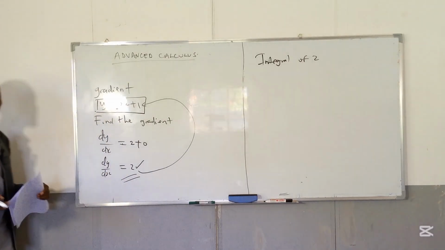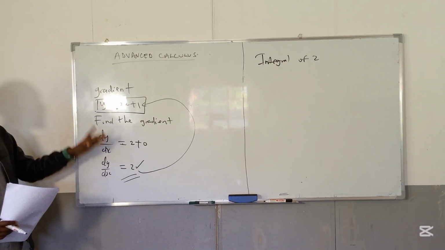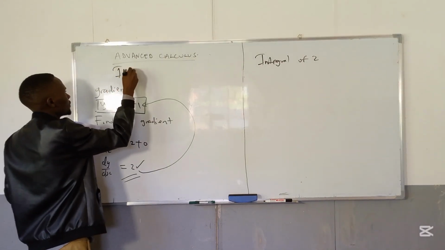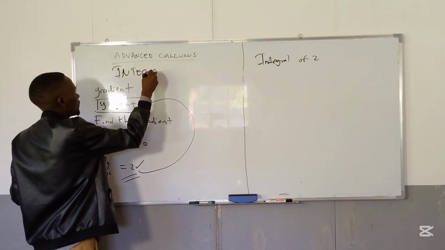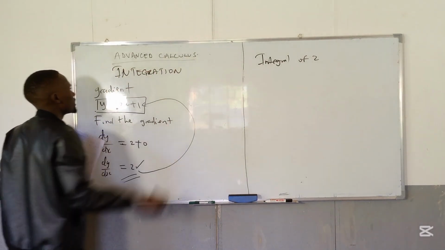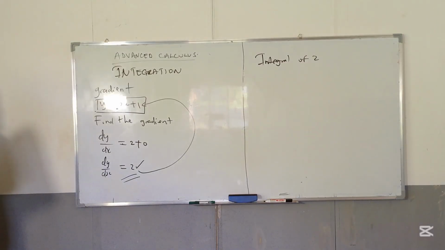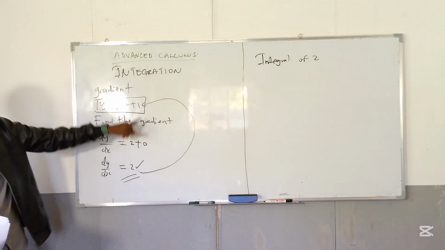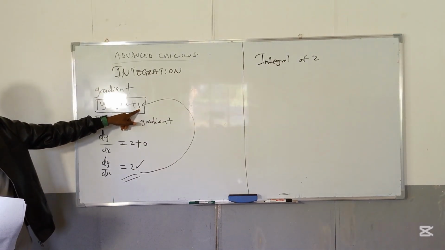So in simple terms, integration is the opposite of differentiation. So now let's do this opposite. We are having 2. We want to go back to 2x plus 1.